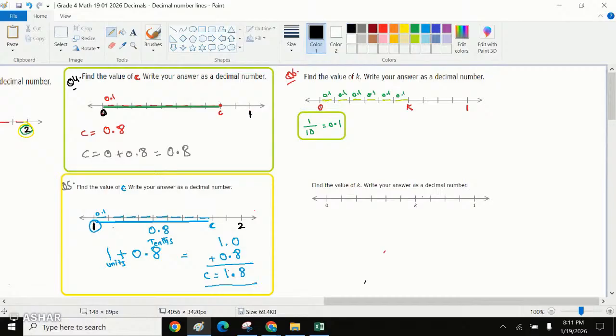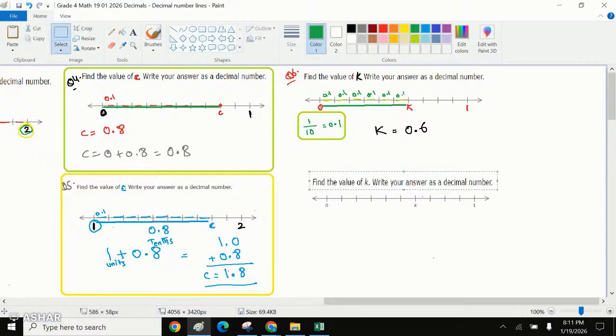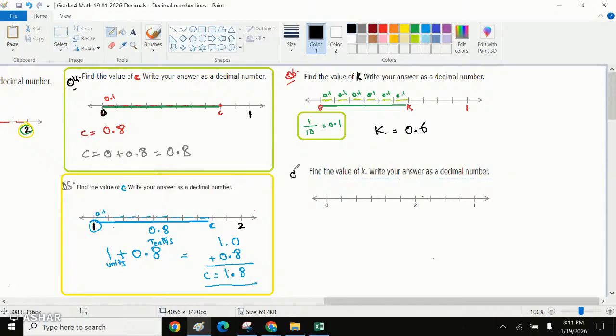That means the value of K should be 0.6, because we were using 6 intervals over here. Agreed? That is 0.6. Do we have an agreement? If not, then I'll explain again. Do we agree on 0.6?